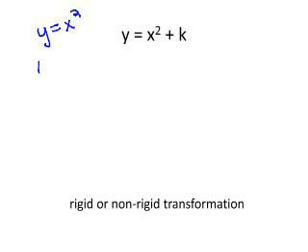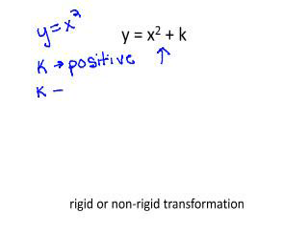So if the k is a positive number, then we are shifting it up. And if the k is a negative number, then we're taking the whole curve and we are moving it down that specified amount.